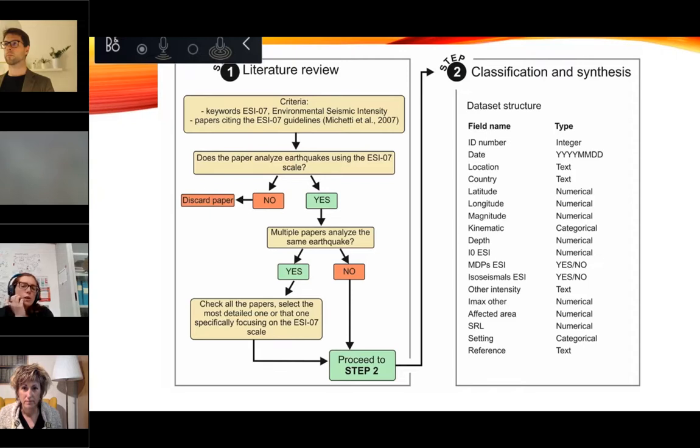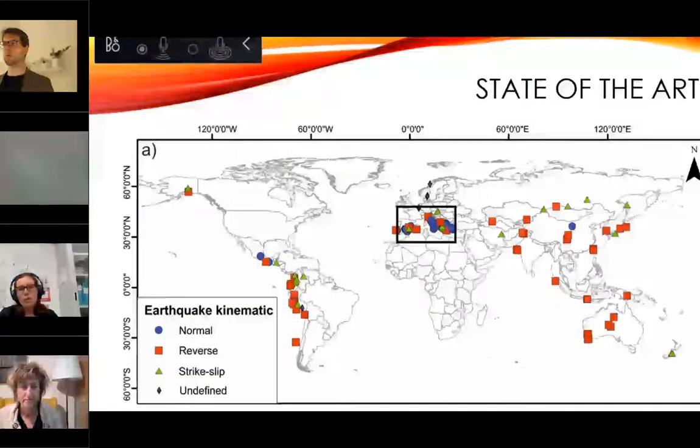Of course, we are simplifying things and selecting information, so it's a subjective choice which fields to include in our data set. We believe to have caught at least the most important parameters on which to perform a comparison. So this is a map showing the location of the earthquakes that were analyzed using this scale.